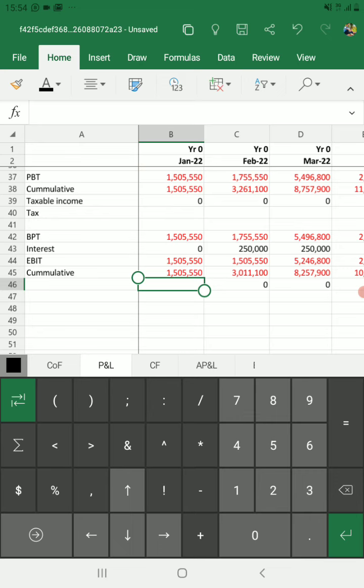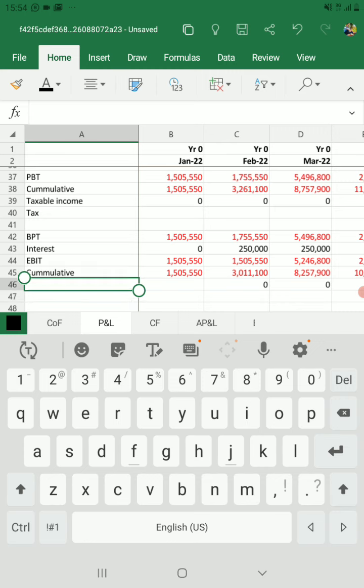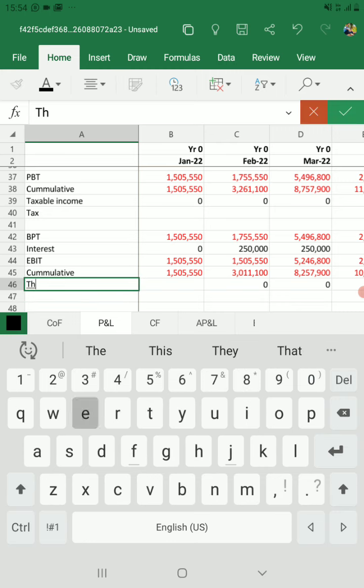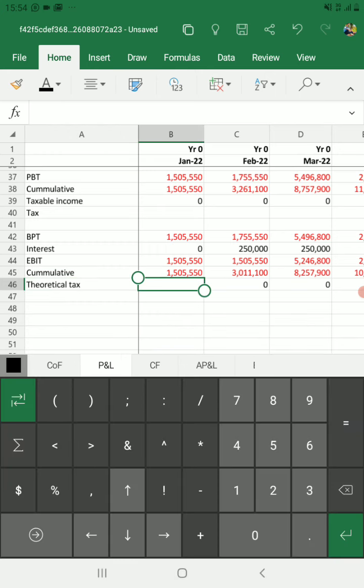let us see our theoretical tax now, after adding back the interest component.